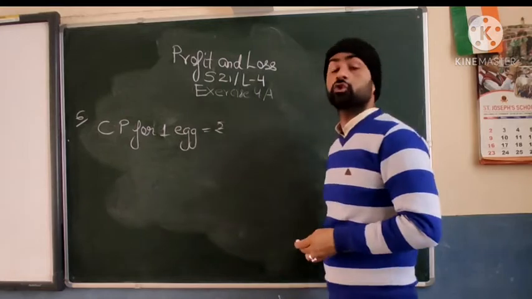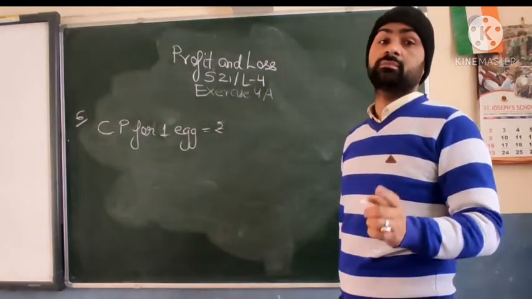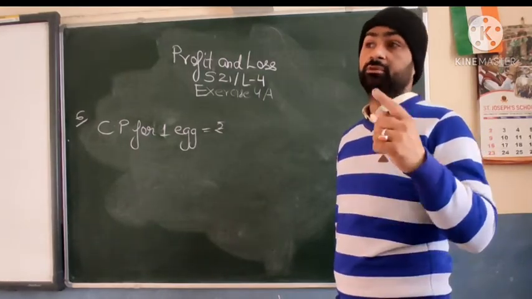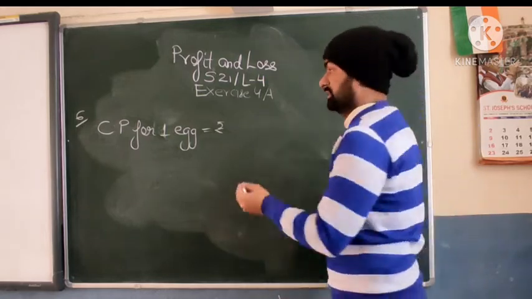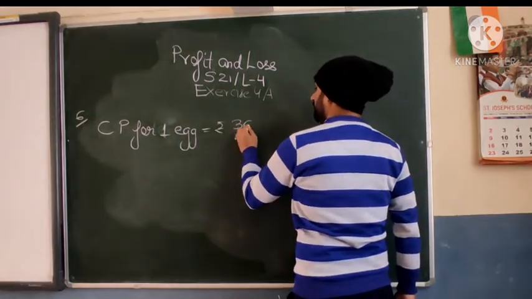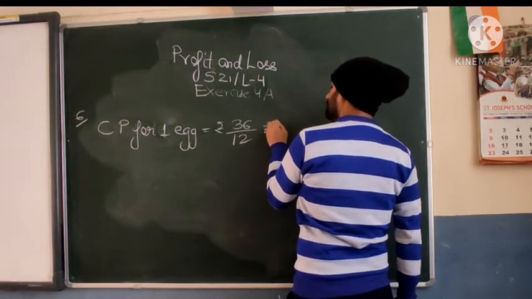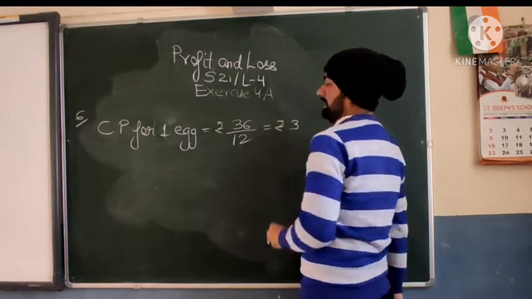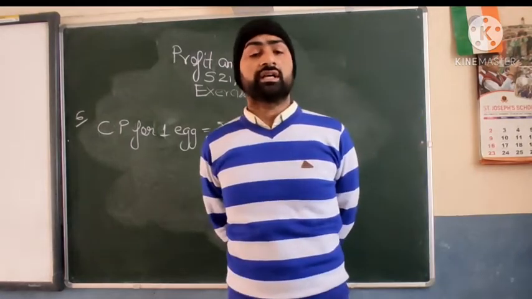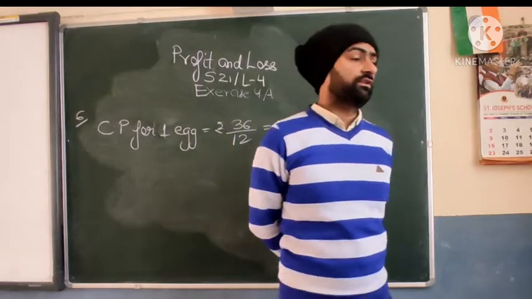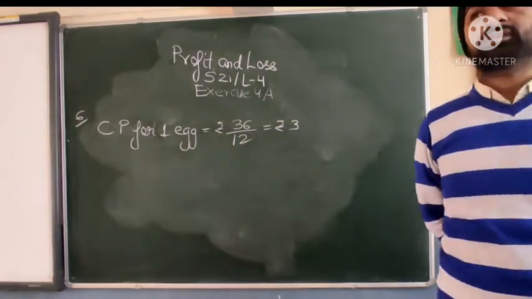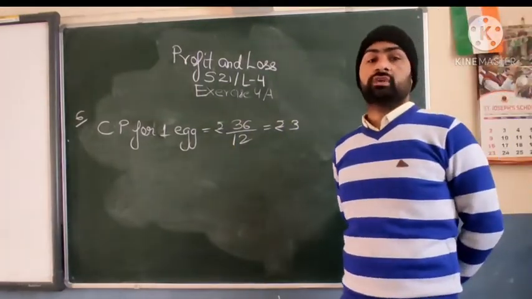See, 36 rupees for one dozen. Dozen means 12 units. That means 12 threes are 36. So 36 by 12, that means 3 rupees per egg. How many of you know what is the current cost of eggs? If someone knows, please mention in the comment section what is the current cost of the eggs.